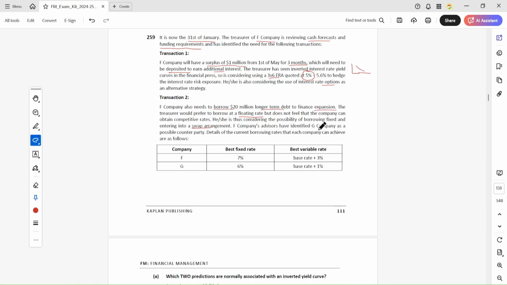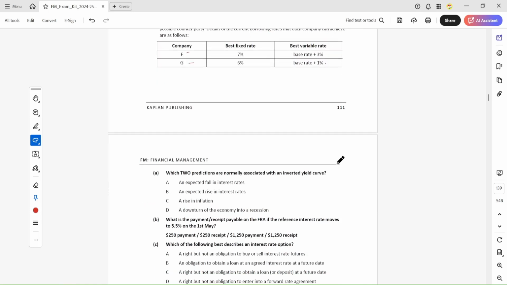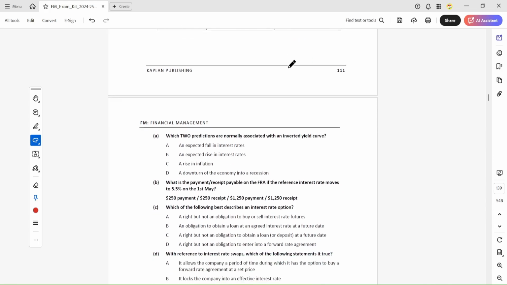F can borrow at 7% and G can borrow at 6%. G can borrow at a lower rate, and F is getting a higher rate. It is due to the credit history, right? G has a good credit rating.